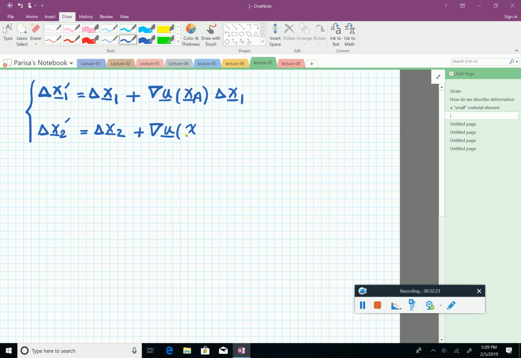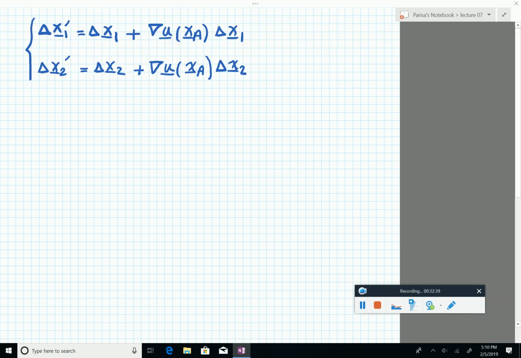It's still evaluated at xa. Remember the definition of gradient from last week's, I don't know anymore when was the last time I saw you. But yeah, this is clear to everyone. That's a pretty important equation.